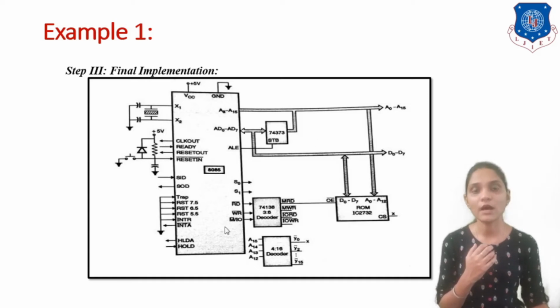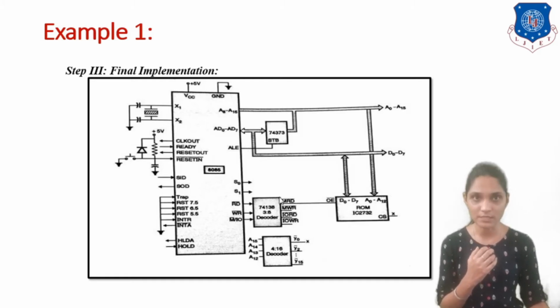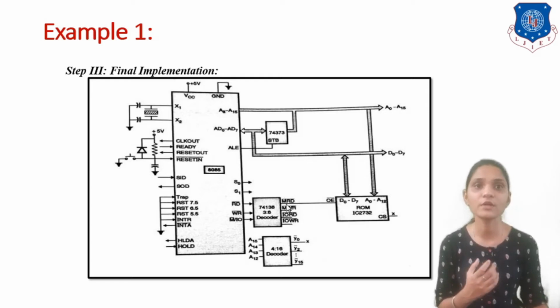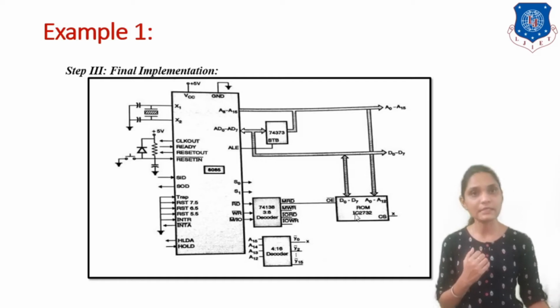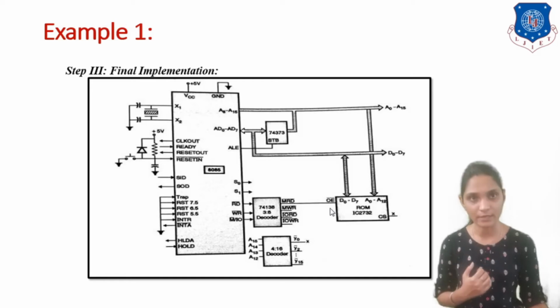Control signals are used to generate the particular control signals like RD bar, WR bar and IO/M bar. Using this 3 to 8 decoder you will generate these 4 control signals, and from them only memory read is required because this is the read only memory, that is ROM. Okay, so this control is provided over here at the output enable buffer.